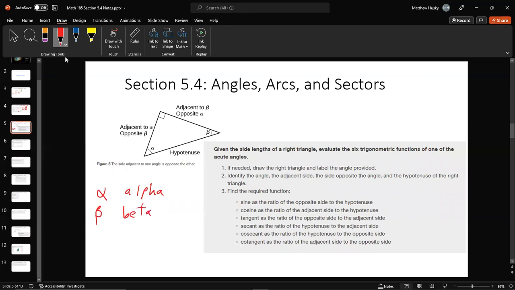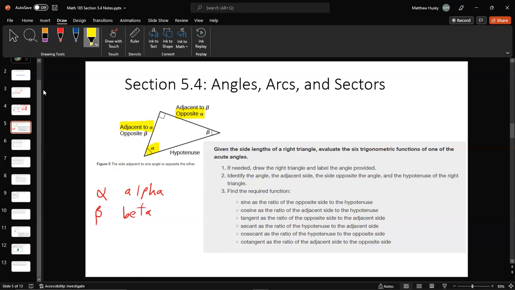For those of you who are not up on your ancient Greek, or maybe even modern Greek too. I don't know as much about the modern Greek alphabet, but what this is trying to get across is this: here is angle alpha, the side opposite alpha is that one right there, and the side adjacent to alpha is this one right there.